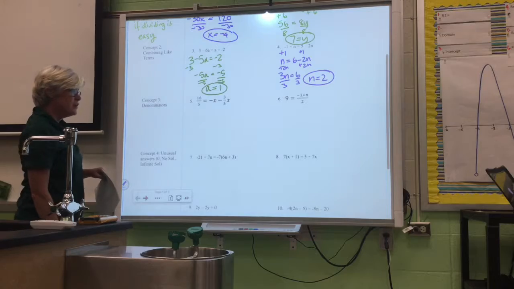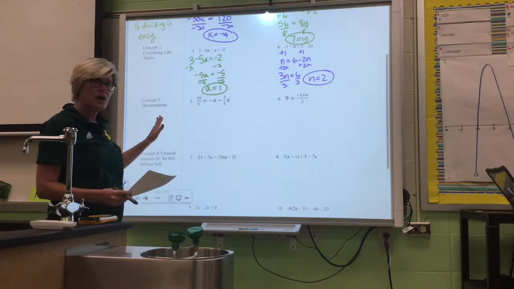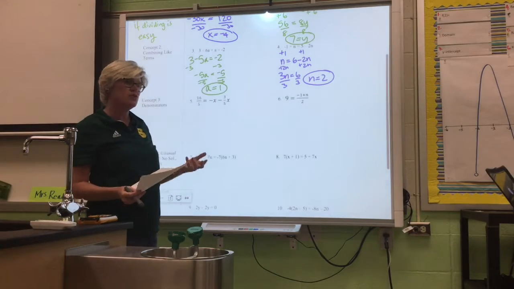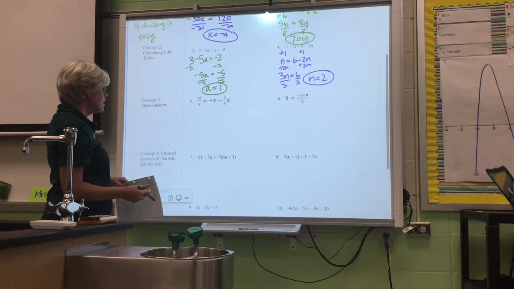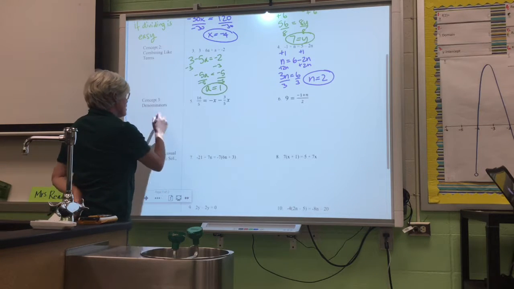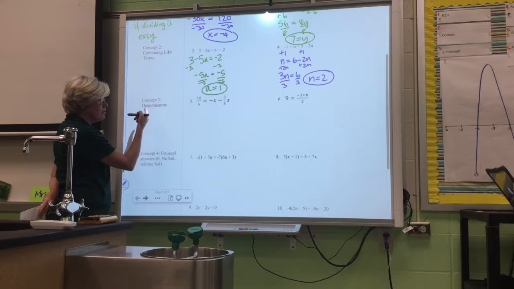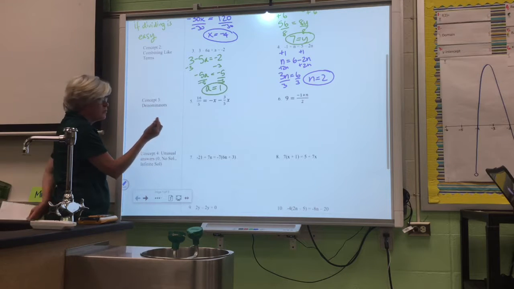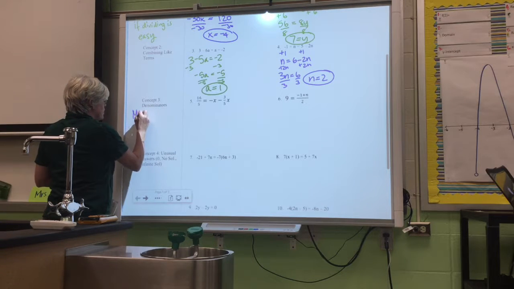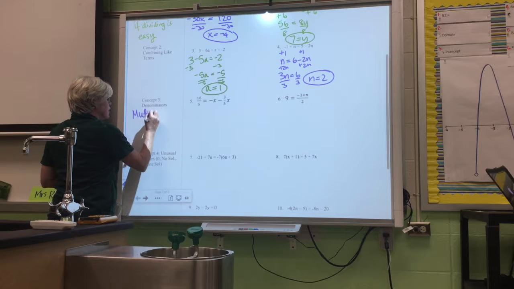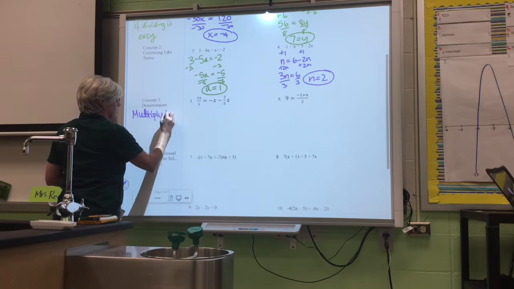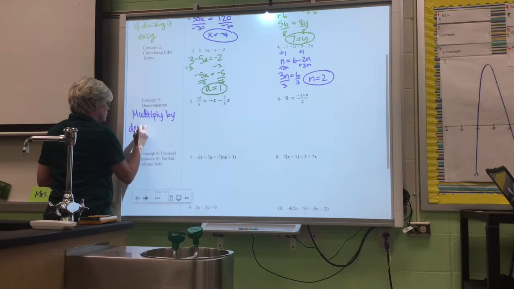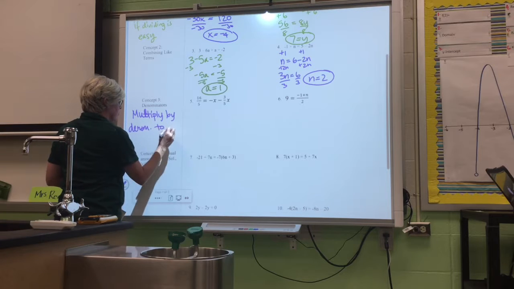Concept 3 is on denominators, basically fractions. If you have a fraction in a problem, what should you do about it? Well, in this case, the main thing that you want to do to get rid of a fraction is multiply by the denominator.